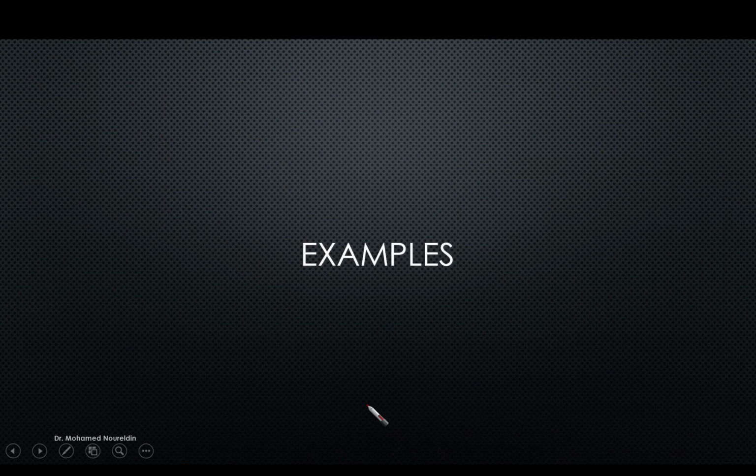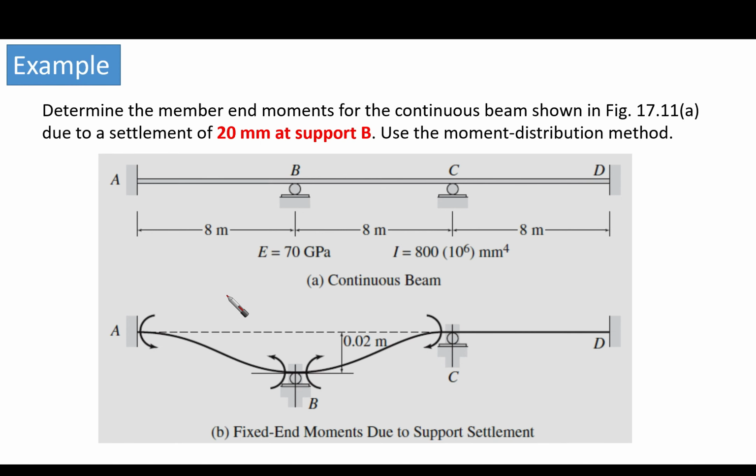Okay. So I'm going directly into examples because I think that we have enough information now and enough skills to solve the problems based on what we have learned in the previous videos. This is one of the examples that is going to be explained today.